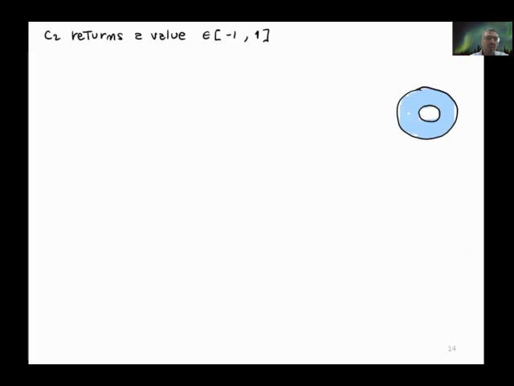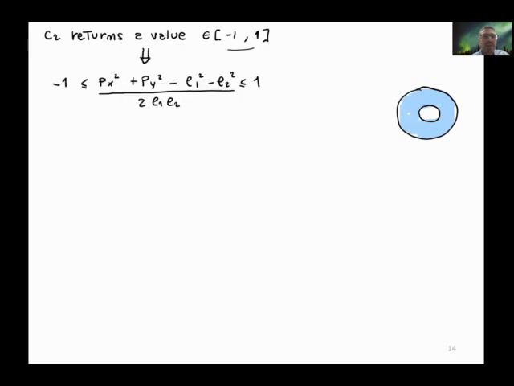And the cool thing is that when we compute the cosine of theta 2, we know that it has a value between -1 and 1.